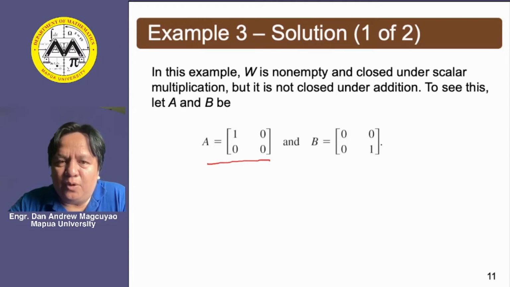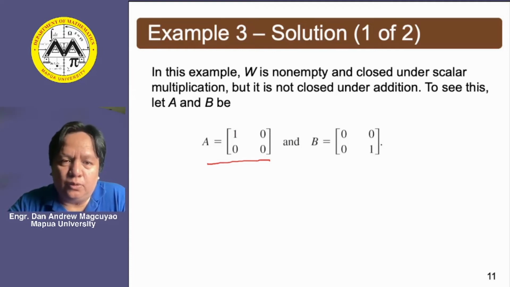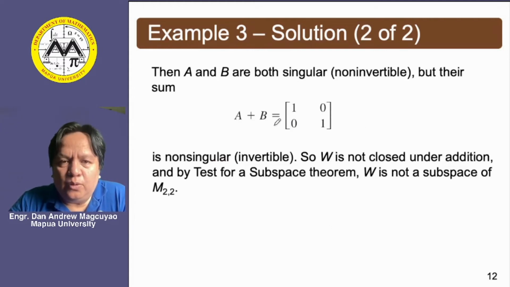In this example, W is non-empty and closed under scalar multiplication, but is not closed under addition. To see this, let A and B be A equal to [1, 0; 0, 0] and B equal to [0, 0; 0, 1]. If you're going to add this, the sum A + B is [1, 0; 0, 1].